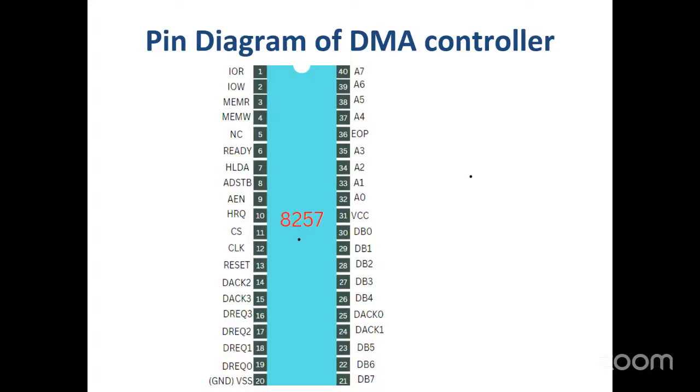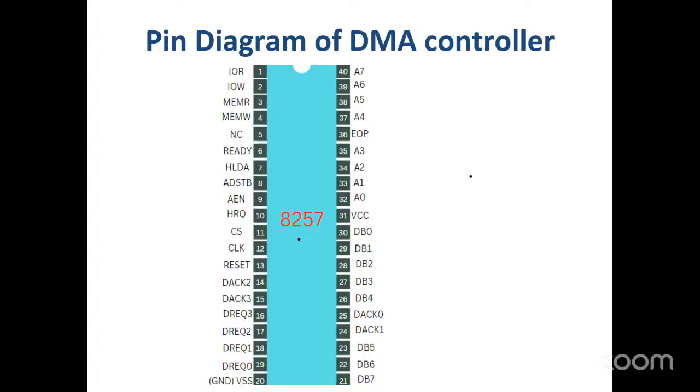What is the IO read and what is the memory read? Memory read reads the address of the external memory device. Next, IO read means input output device. And this one is no connection. Ready: if the ready is enabled, this 8257 is ready to serve.